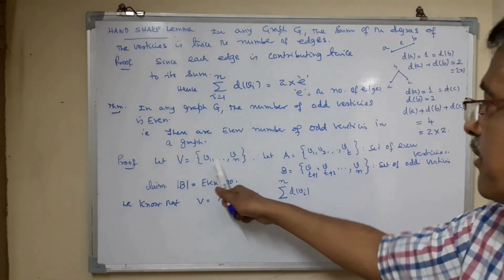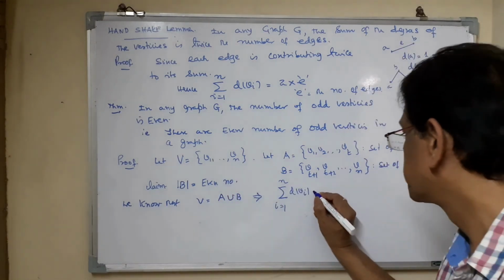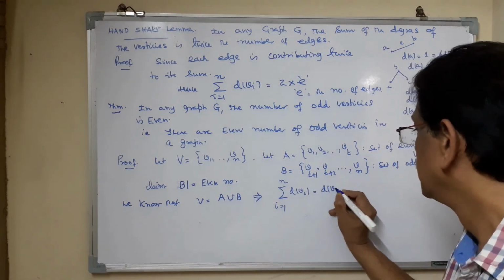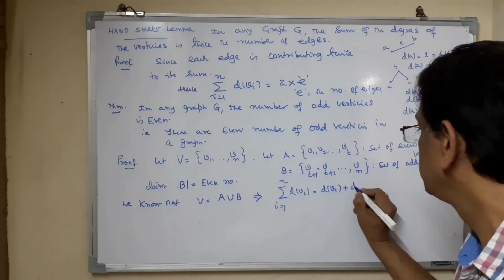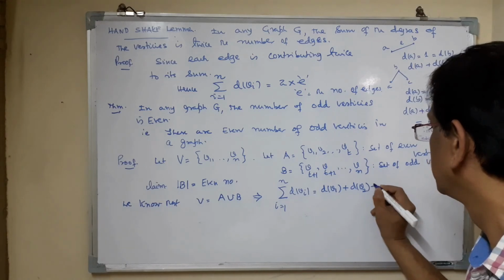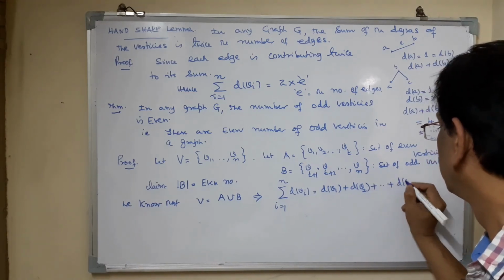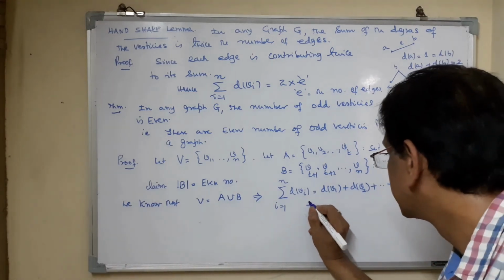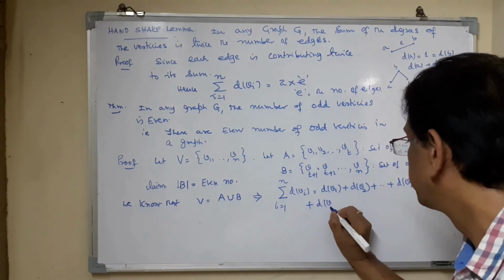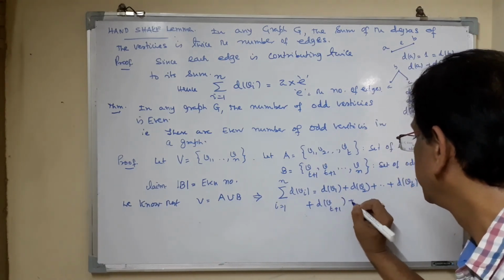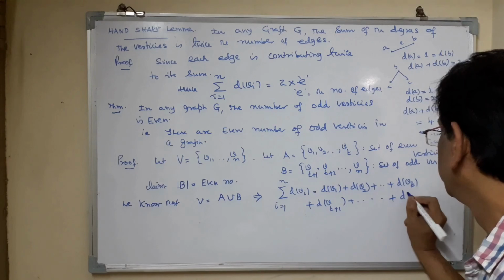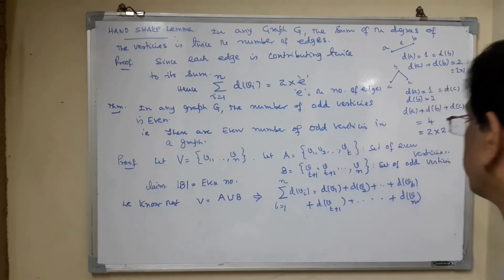I have n vertices. Now I want to split this one. This is d(v1) plus d(v2) plus d(vt) plus d(vt+1), d(vt+2), and so on, d(vn).